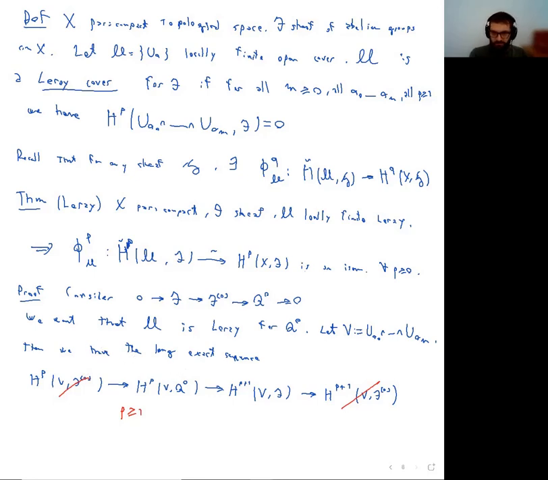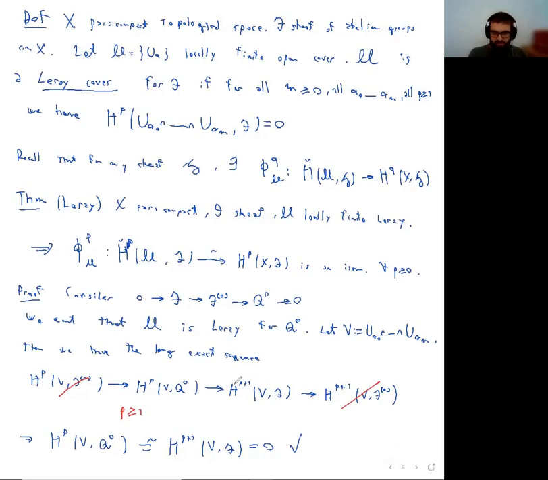So we have an isomorphism again. H^p(V,Q0) is isomorphic to H^{p+1}(V,F). But now this is 0 because U was our Leray cover for F, by the definition of Leray cover. So we're good. We're not done with the proof, of course, but we do prove this claim, which is that if U is Leray for F, it's also Leray for Q0. So that's one step.